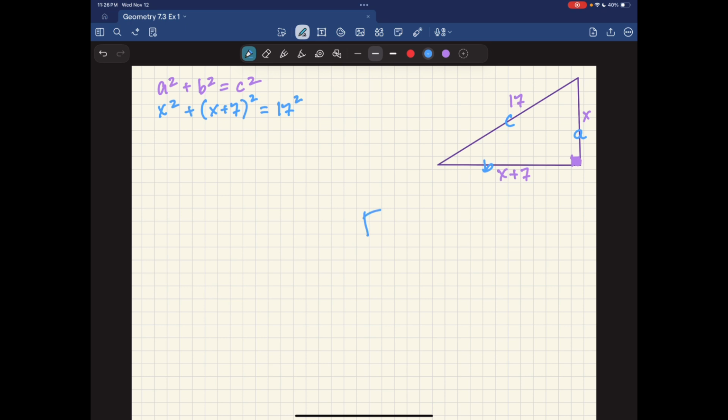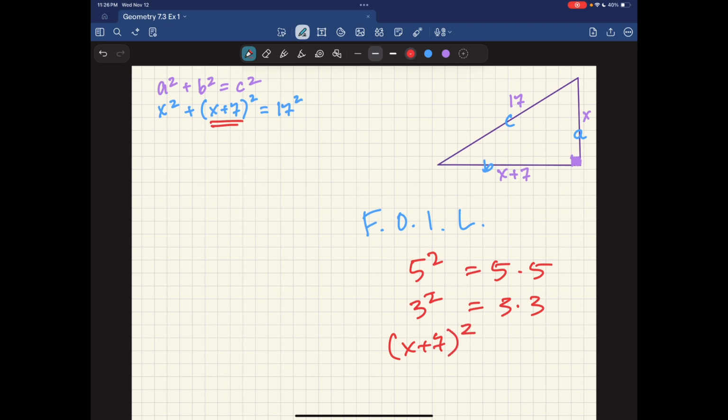Okay? FOIL is how we multiply binomials. And when we write it out, remember when we have 5 squared, that really means 5 times 5. Or when we have 3 squared, that means 3 times 3. Well, when we have a binomial like x plus 7 squared, that's going to be x plus 7 times x plus 7.